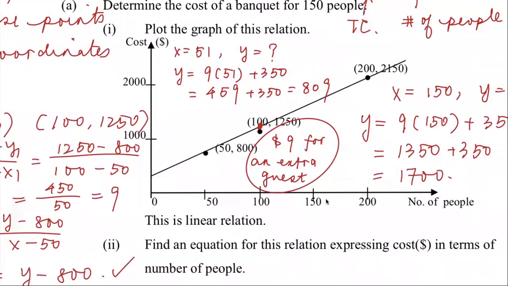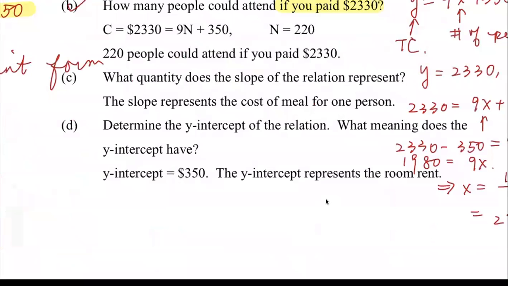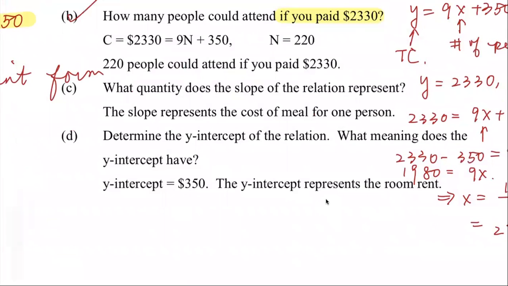Okay, so the answer for part C, what quantity does the slope of the relation represent? The slope is equal to 9, and this represents the cost of one meal.